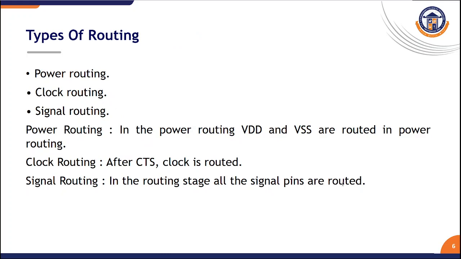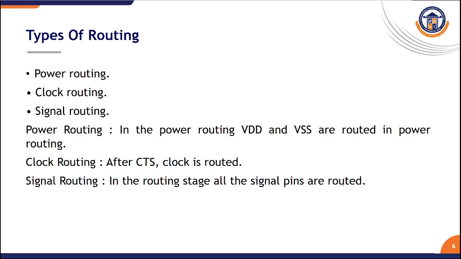Power routing is used to distribute VDD and VSS across the chip. It must ensure a low resistance path, uniform voltage distribution, and also minimal IR drop and electromigration. Power routing is usually done using wide metal lines and grid structures to handle the high current.